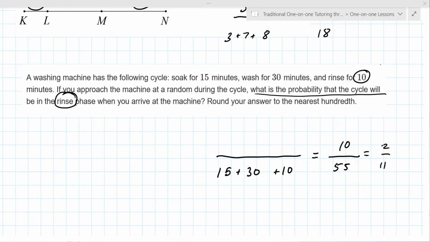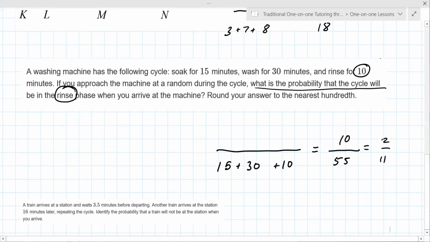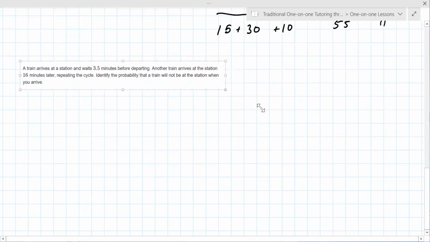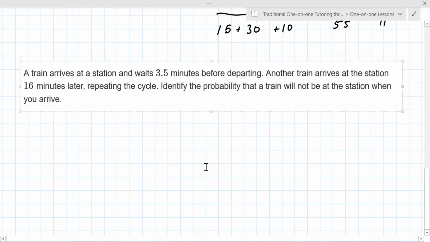So I'm just looking at the next two questions. Okay, these questions are good, but they are a little bit out of scope for a student first learning this. But we're going to be okay here.